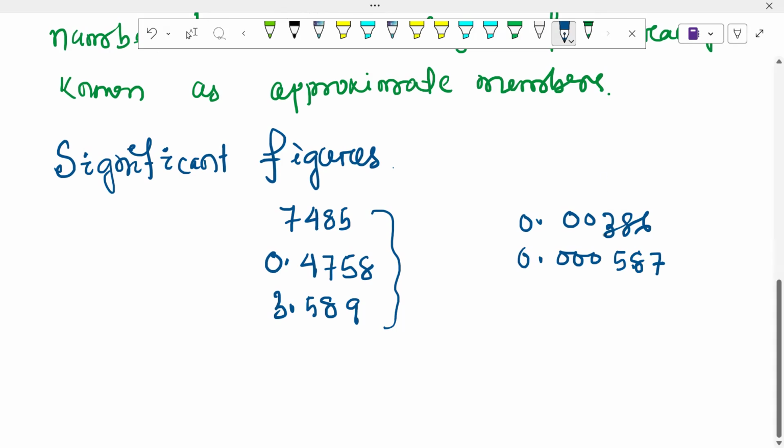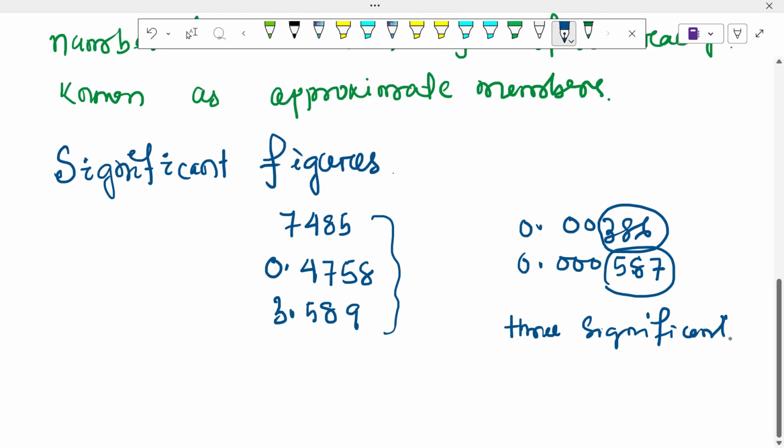See here, this is 3, and this also has 3 significant figures. So 0.00386 and 0.000587 both have 3 significant digits.